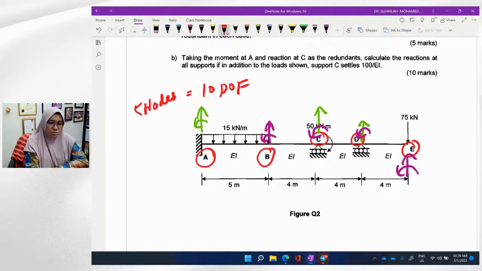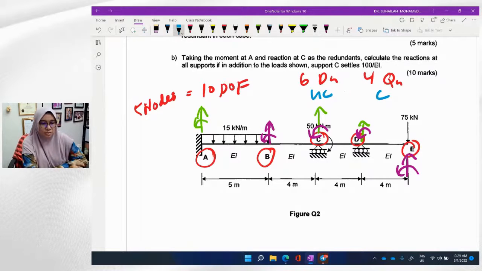There are 6 unknown displacements and 4 unknown reactions. This is for unconstrained, and this is for constrained.